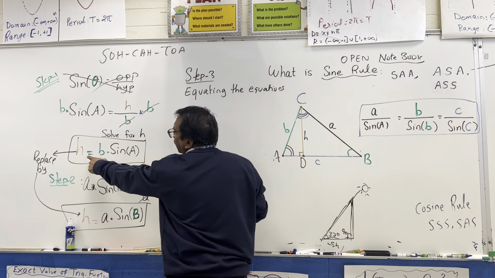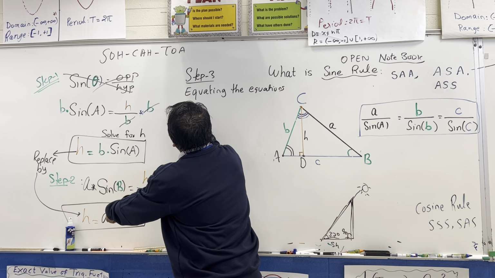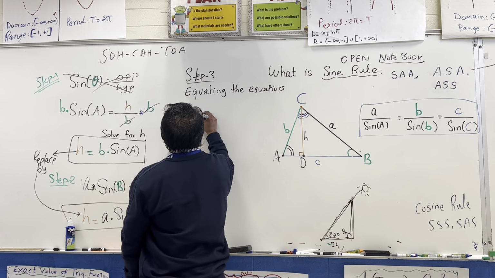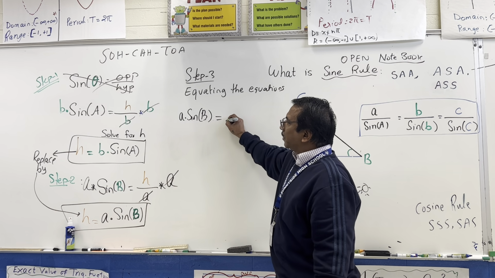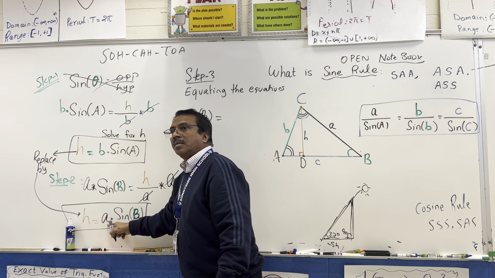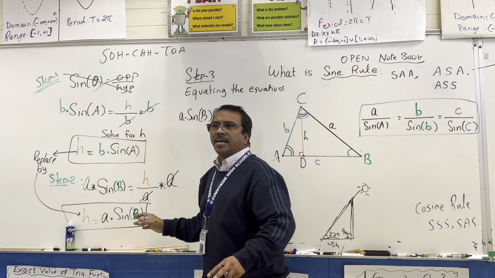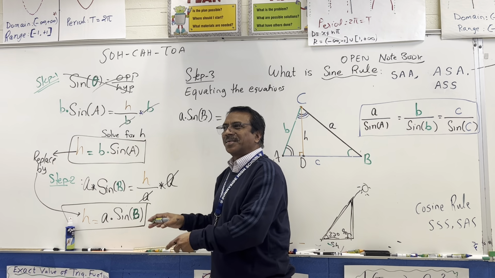So I'm replacing this H by A sine B. Let's write it. So this A sine B equals, what should I write? So in place of H, what did I write? Are you with me? A little kind of confusion, right? Too many letters, too many variables.